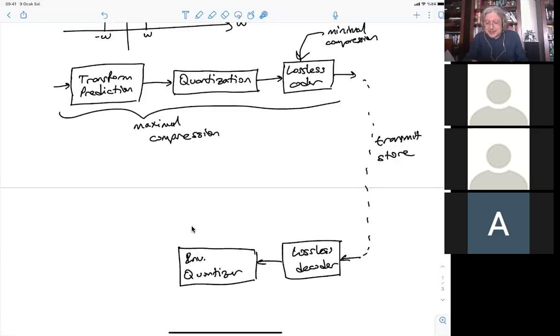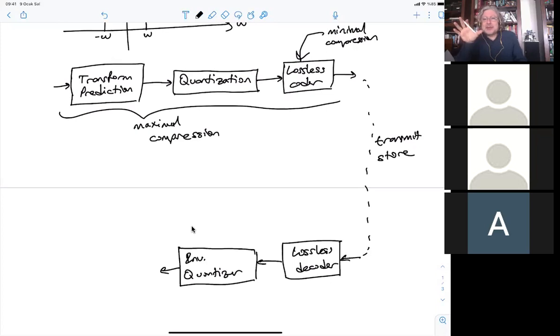There's a symbol, and it has symbol probabilities, and with that symbol probability, this lossless coder works. And the symbol is not 0, it may be something else. It may be 5. So the symbol is 5, and it corresponds to a value of 0. So where does it convert back to the value of 0? Coming back down to here, this inverse quantizer takes the index value of 5 and converts it to the value of 0, the output value.